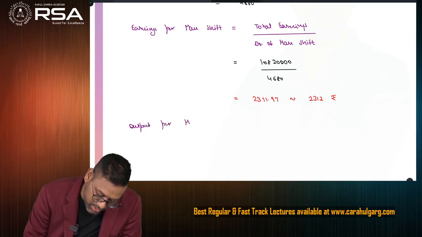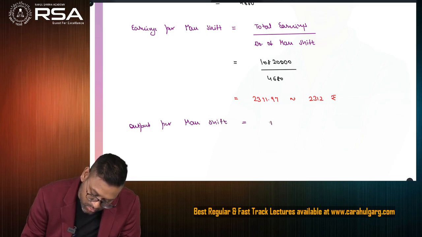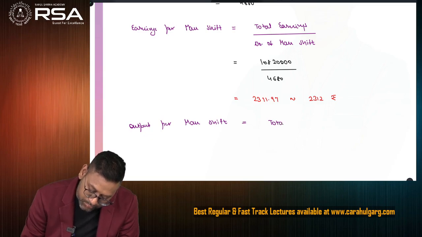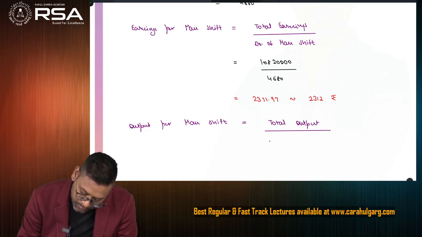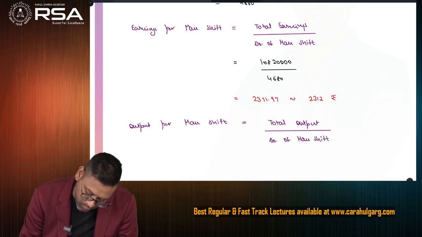Similarly, the question has asked output per man shift. So we will do total output divided by number of man shifts.